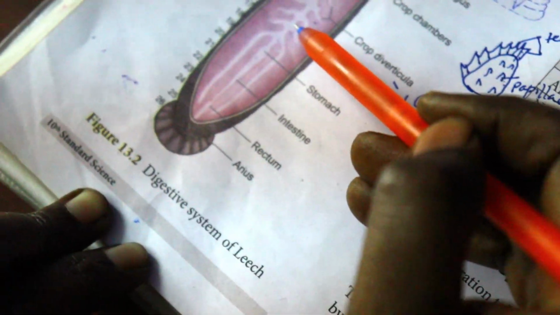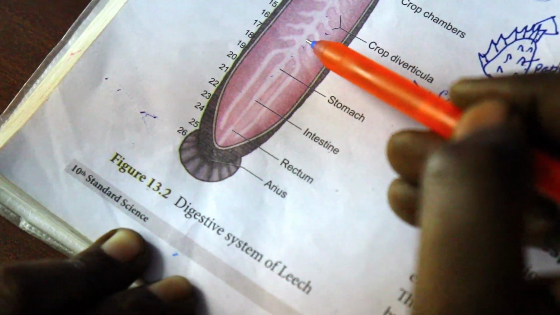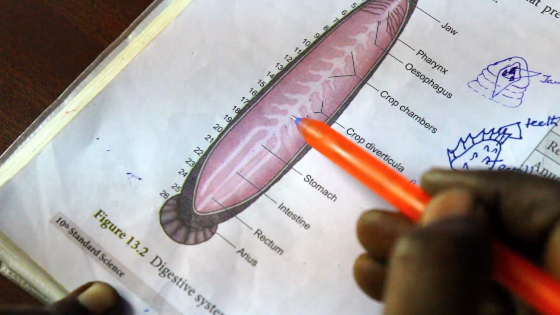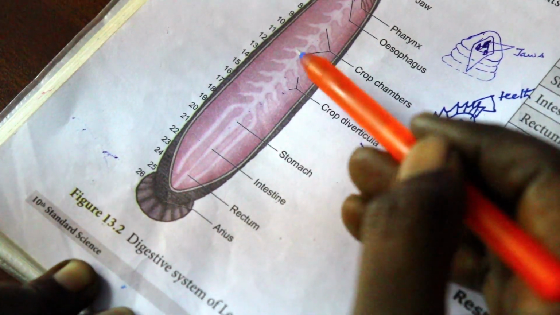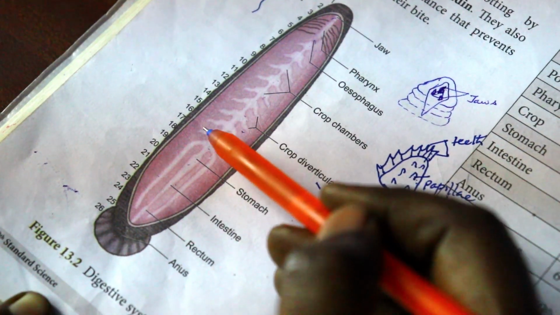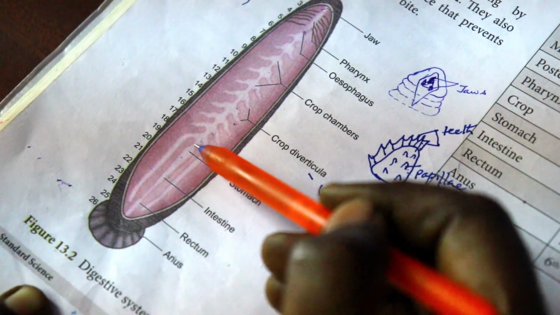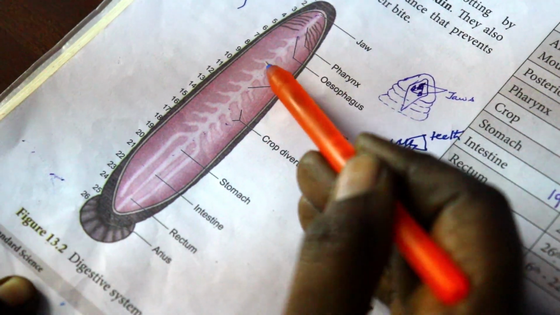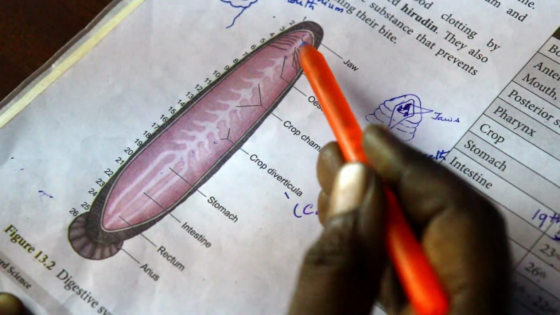For us it is only 4 to 5 hours, but in leech it is about 12 months. One complete year the blood will be stored here for the digestion purpose. So one complete digestion will take place in a year's time.